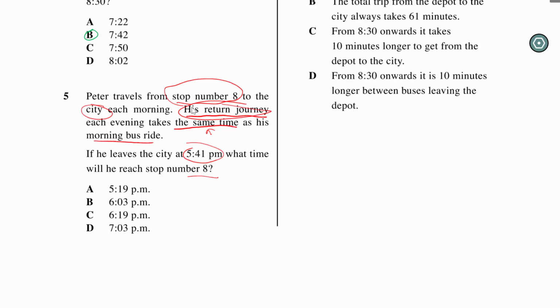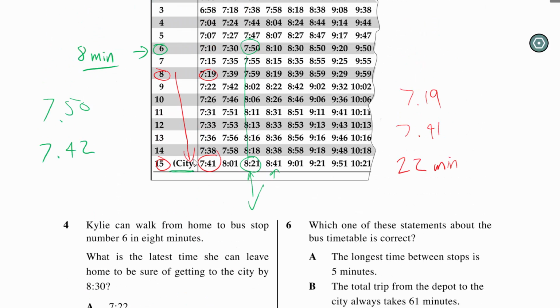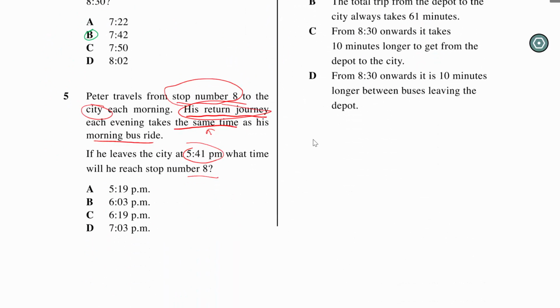So if it's 5:41 when he leaves the city, all we have to do is add 22 minutes to this time. 5:41, and we're going to add 22 minutes. If you add 22 minutes to 5:41 p.m., that ends up being 6:03 p.m. So the answer to this is B.